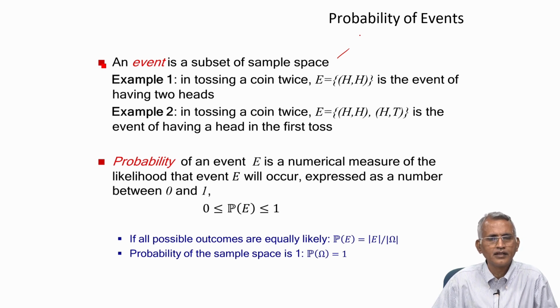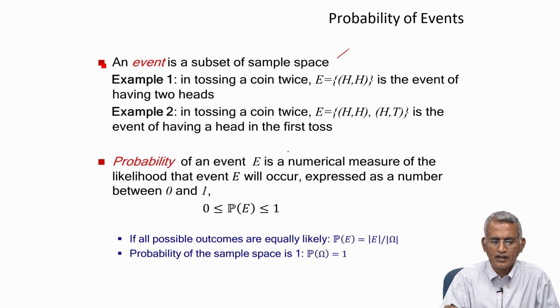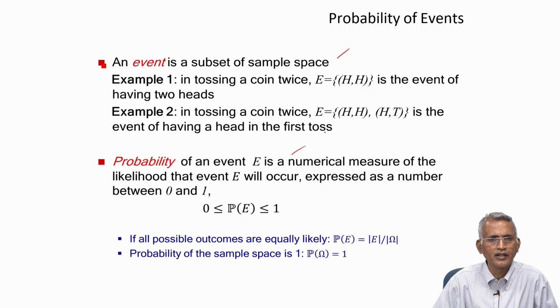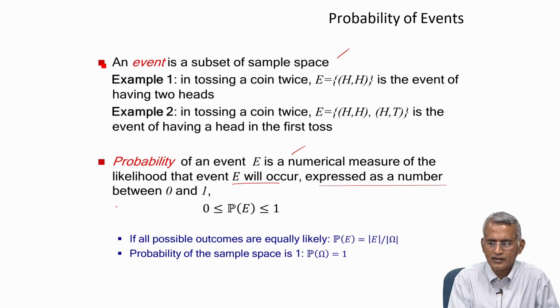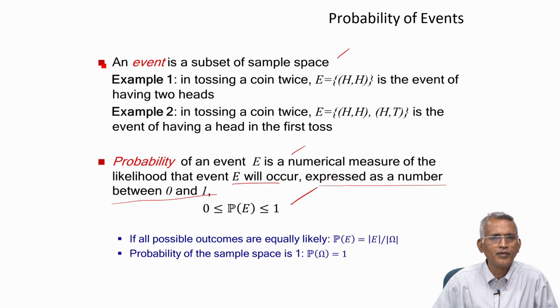Next, the general idea of the probability of an event E is the numerical measure of the likelihood that event E will occur, expressed as a number between 0 and 1. Therefore, the maximum probability value is 1 and the minimum is 0, that is, nothing happens is 0.